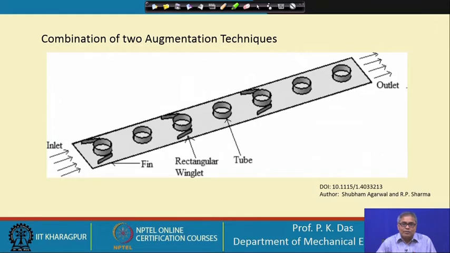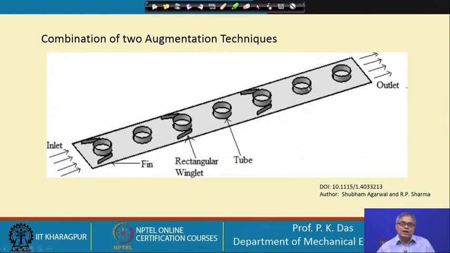On the outer surface of the tubes we can circulate some amount of gas, but gas side heat transfer is small. To improve the gas side heat transfer, we can provide an extended surface or fin, which is shown by this strip.